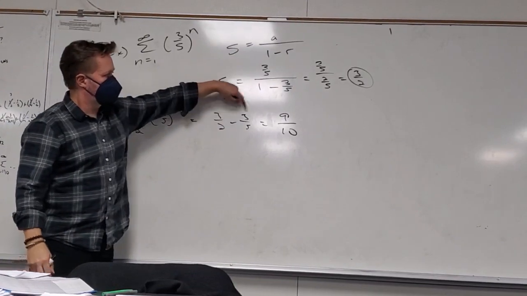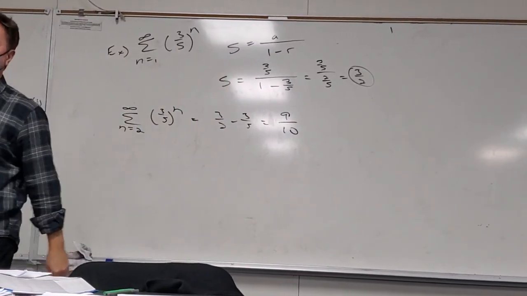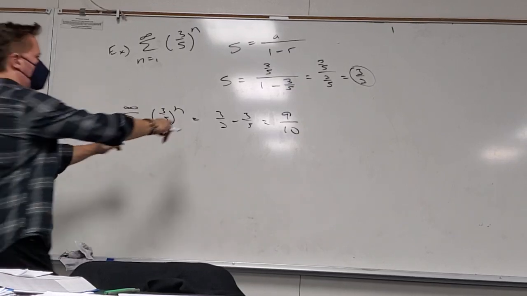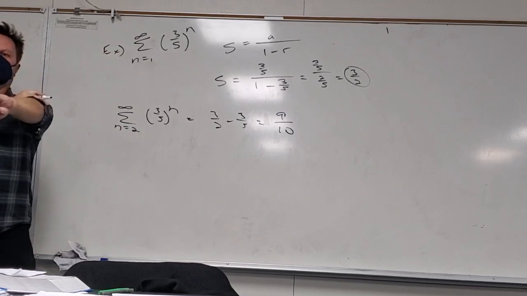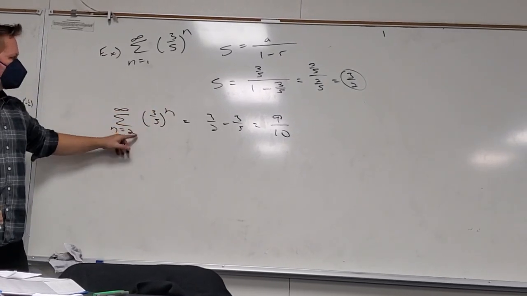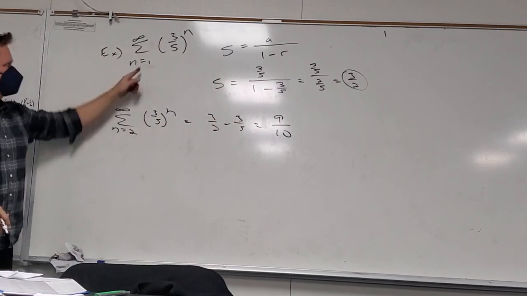What's 3 times 3? 9. What's 2 times 5? 10. There's something neat when the tops are the same, but I can't remember, so don't take anything from it. Anyway, that's 9/10, which is less than 3/2, because this is missing one term.